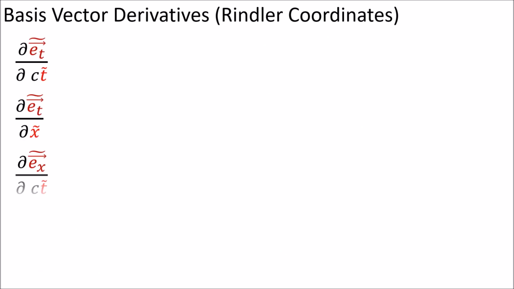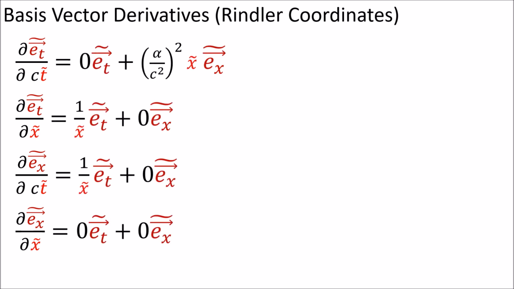If we were to write each of these 4 basis vector derivative terms in terms of the 2 basis vectors, we find that the changes of the basis vectors can be described by a total of 8 numbers. In the case of Rindler coordinates, 5 of these numbers are 0, and 2 of the remaining 3 numbers are identical because of the symmetry we talked about before.